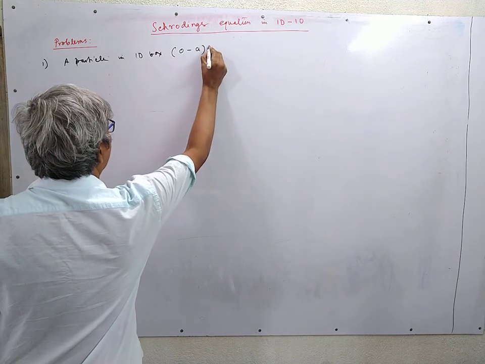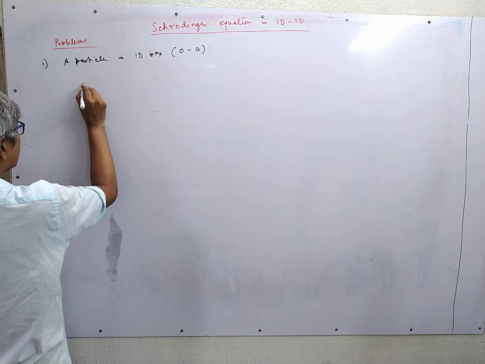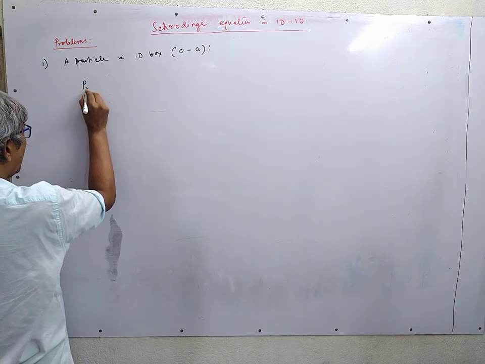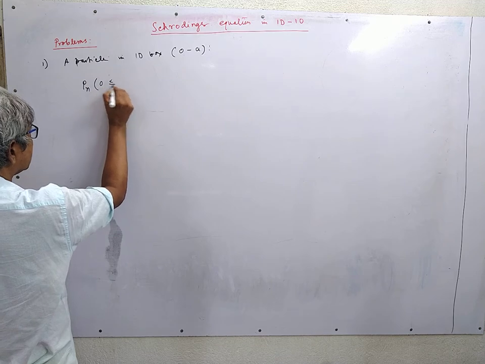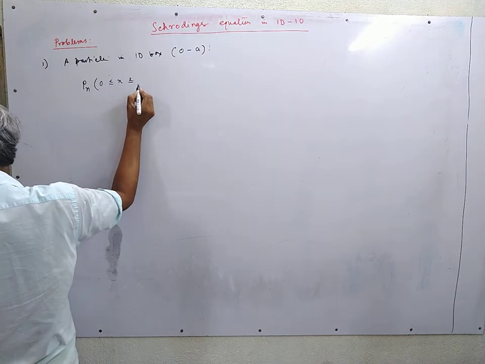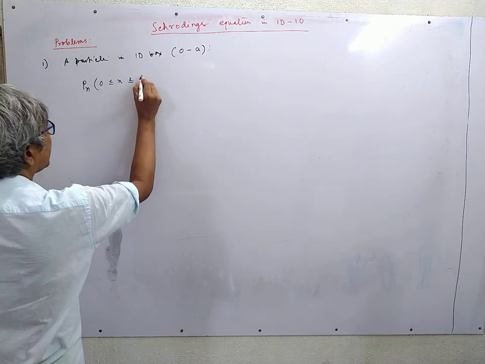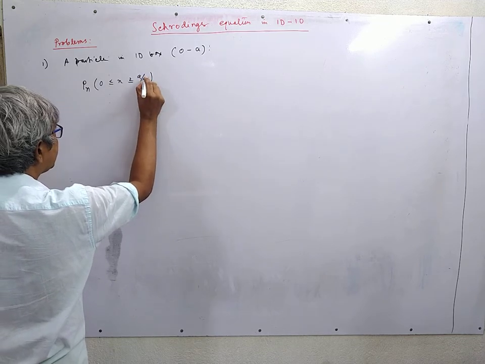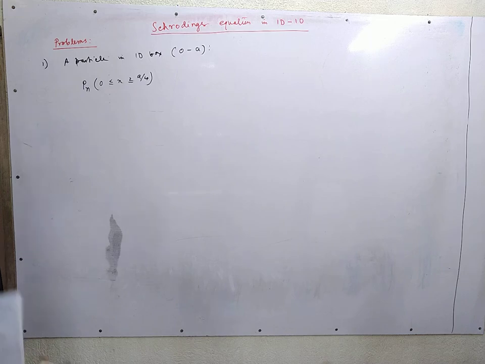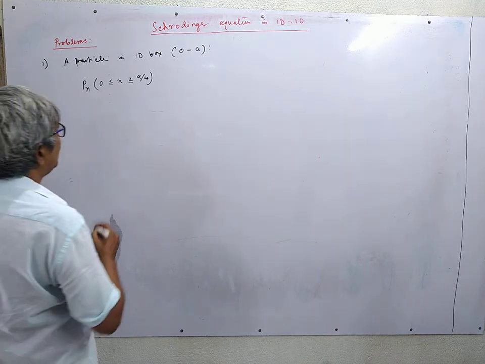What is the probability of finding the particle between this and A by 4? That is, what is the probability that a particle in a state n would be found in the region 0 to A by 4?